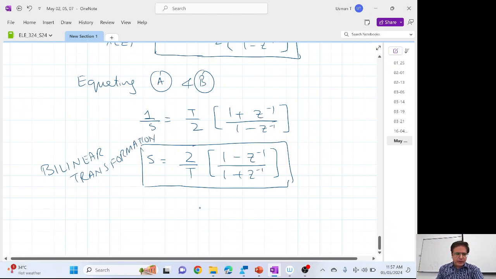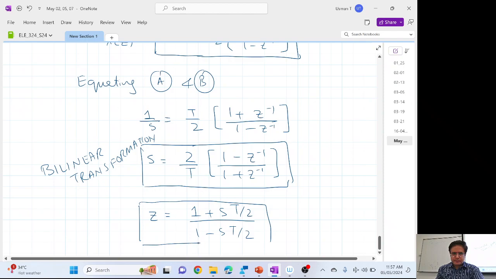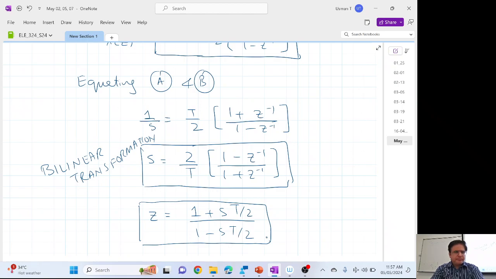And then from here, I can also move things around. This can also be written as z equals (1 plus sT/2) over (1 minus sT/2). Clear?